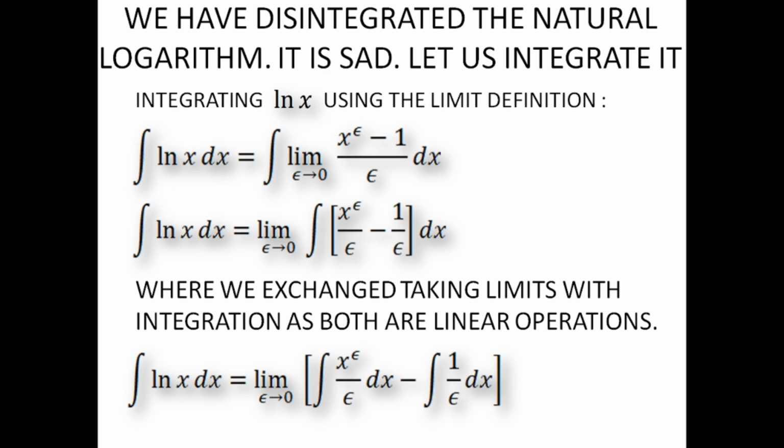Now the integral of ln x dx becomes limit epsilon goes to 0, and we have applied our integration within the square bracket separately: integral of x power epsilon by epsilon dx minus 1 by epsilon integral of 1 dx.